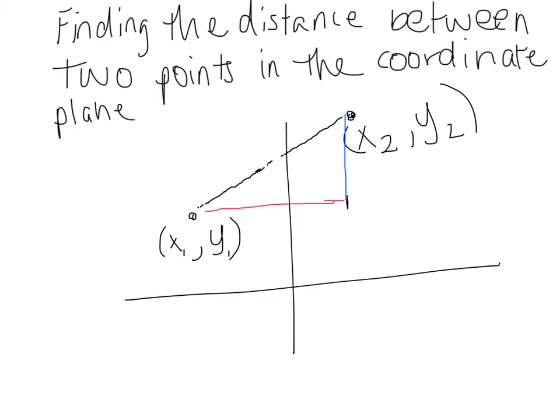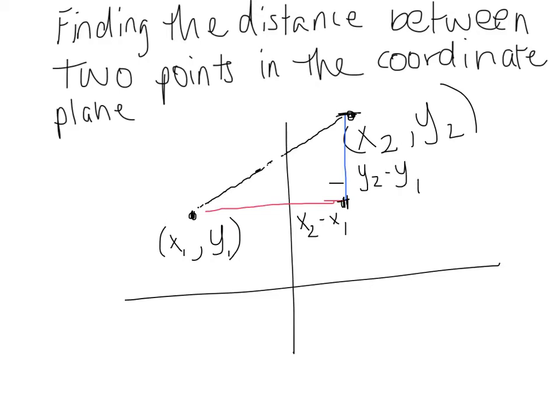All we'd have to do is find the difference between the first x value and the second x value. We could represent that with x2 minus x1. The vertical distance between the points could be found by doing y2 minus y1.